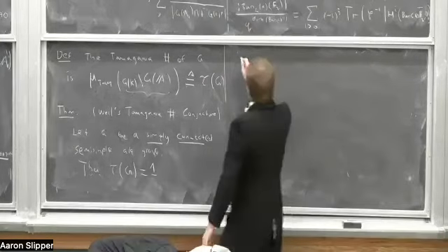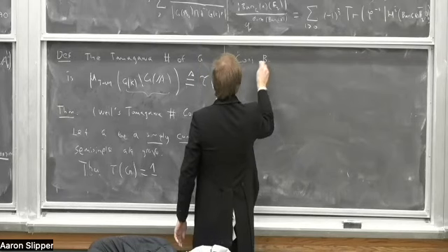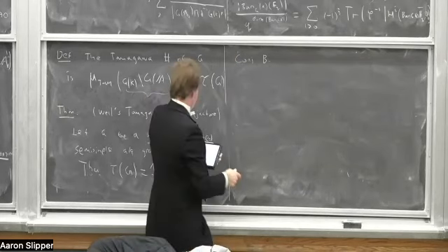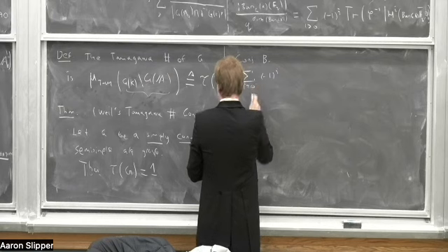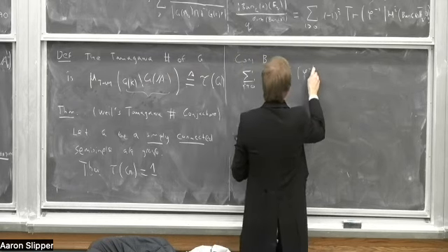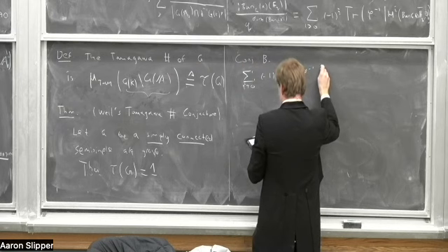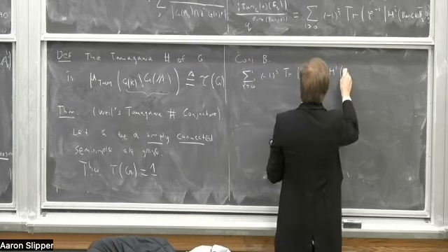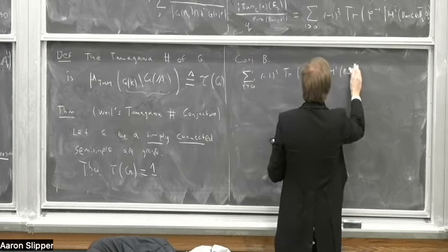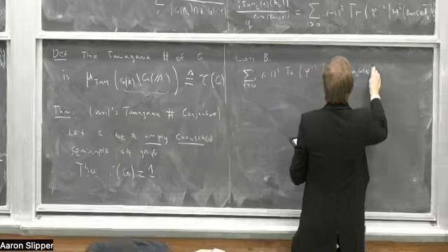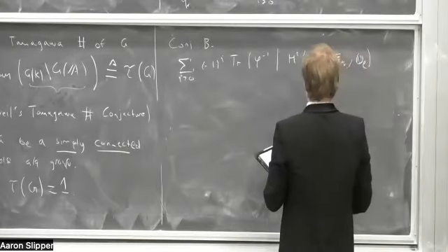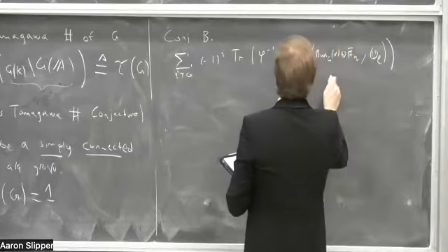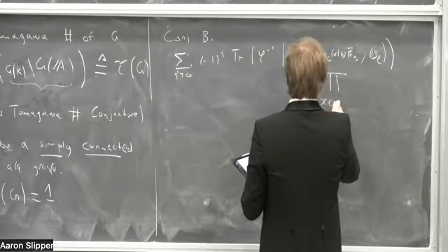So conjecture B is that this alternating sum of the trace of arithmetic Frobenius on H^i of BunG with coefficients in Q_l-bar equals this crazy product that we've seen up here.